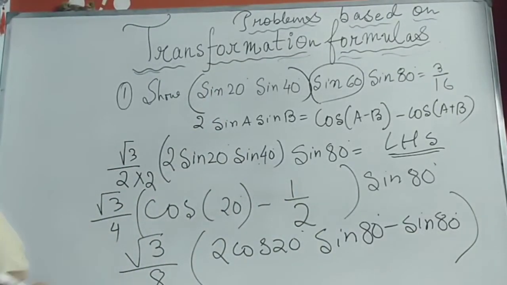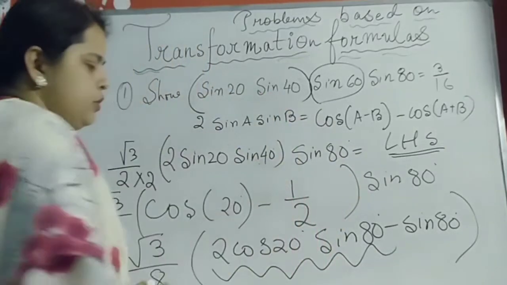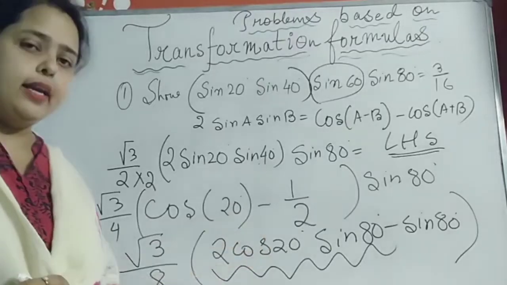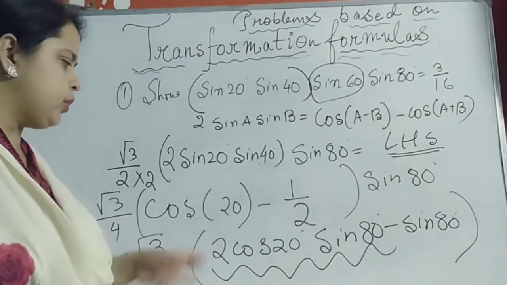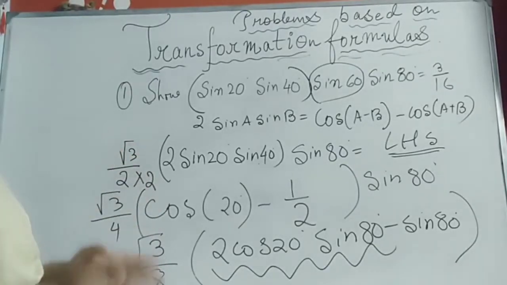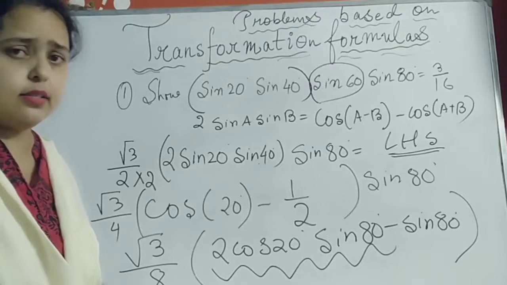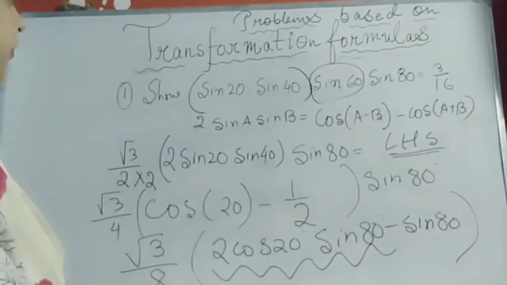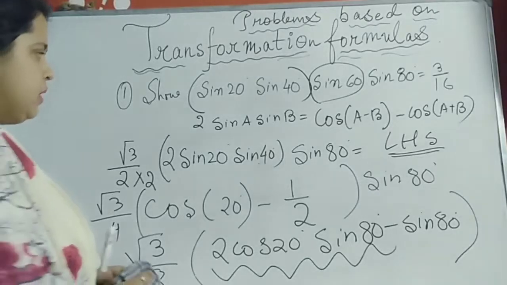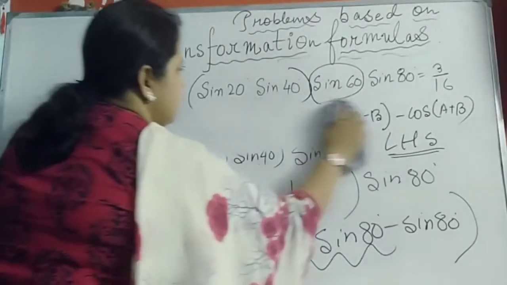Now again I hope you can understand. It's time to apply the formula of 2 sin A cos B or 2 cos A sin B, anything you wish, because we are going to get at the last the same result if we apply the correct formula here. So from here I'm erasing this part.